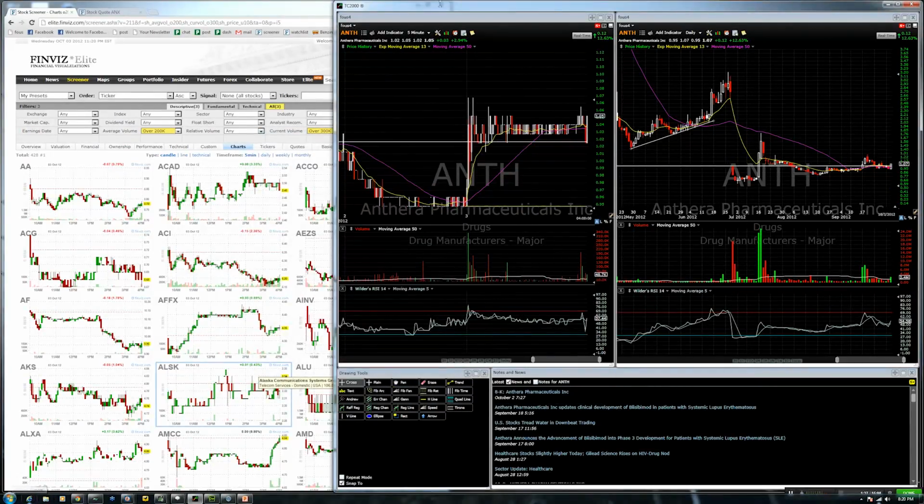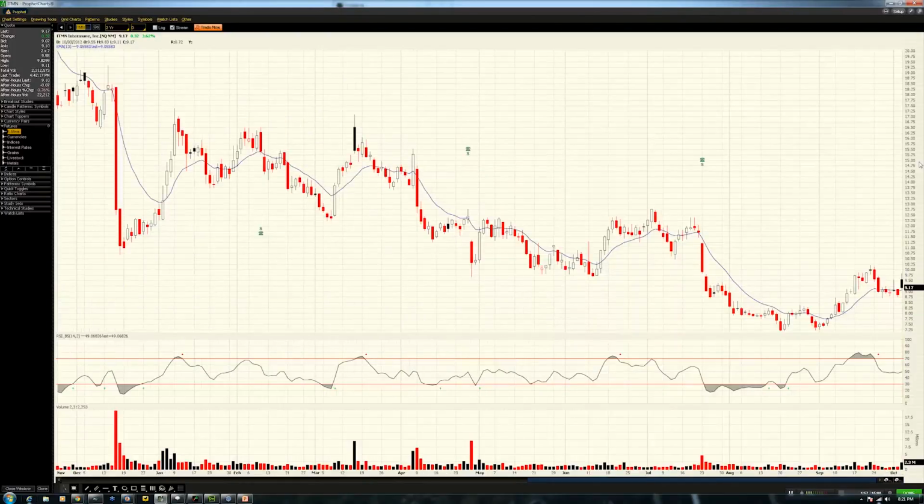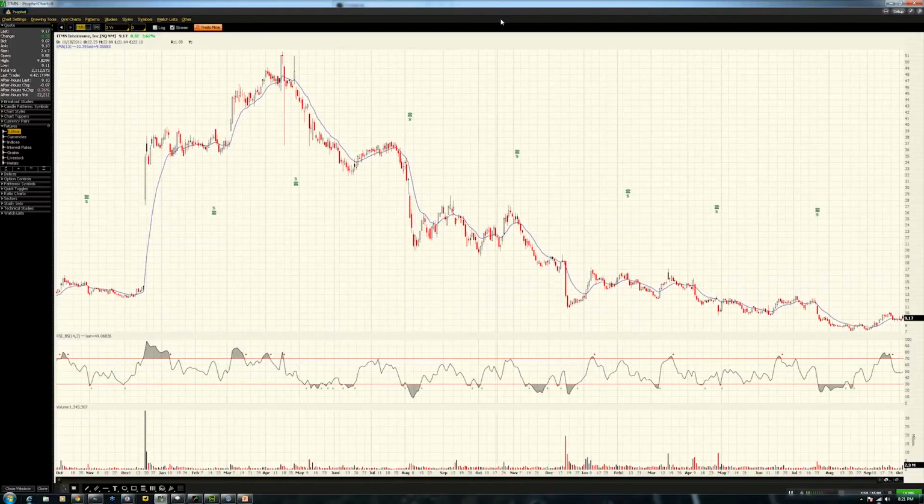Okay, so basically what we got over here is TC2000. This is charting software. It actually costs me $90 per month. So a lot of people can't use this because they can't afford $90 per month, and that's fine. There's other charting software out there. There's Thinkorswim, which is Thinkorswim desktop. You can get this for free. It's slightly delayed, which definitely has its downsides unless you have a Scottrade account or a Thinkorswim account.